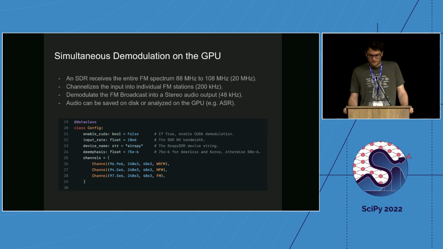Or if you are feeling lucky, you can also use NVIDIA automatic speech recognition to analyze all the FM radios in a real-time fashion. And it's cool because all the data is already in the GPU, so you don't need to ping-pong the data back and forth from the CPU to the GPU using this method.